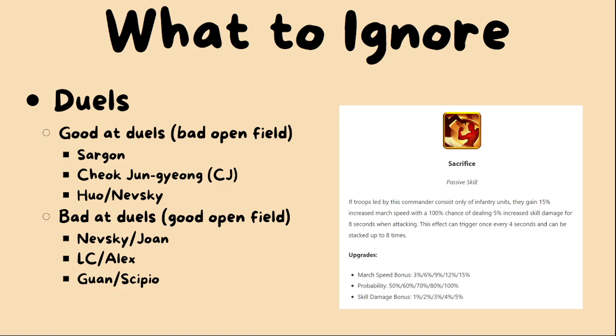And then finally, Guan Skip, a little bit aged now, but if you go back a year ago, Guan Skip was one of the best marches in the game, right? It's either Nev Joan or Guan Skip a year and a half ago. And it's notoriously not good at dueling, right? It's just not. So if you use the commander as part of a pair in a duel and it doesn't do well, and then you use that to determine whether a commander is good or not, you're going to be off.